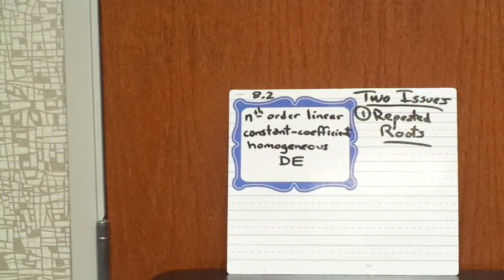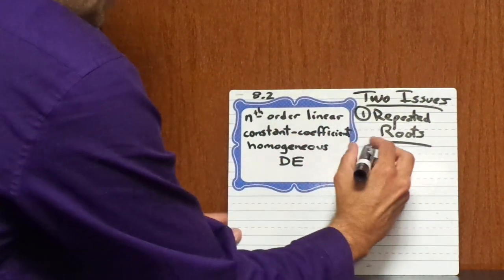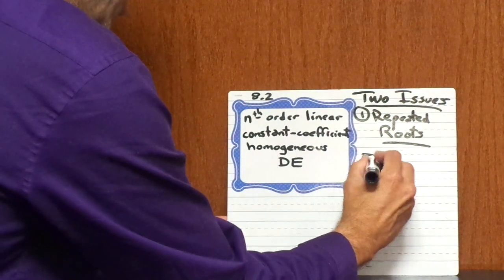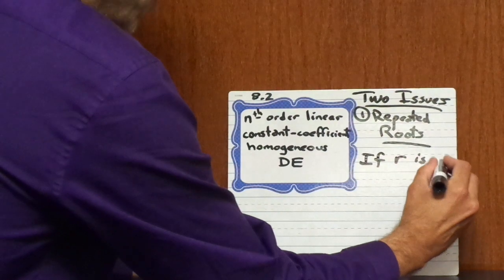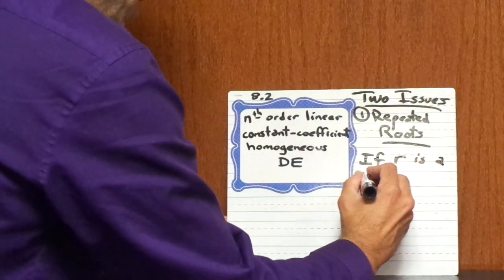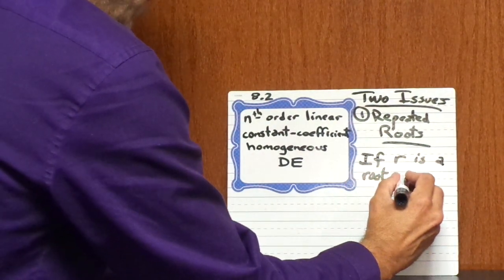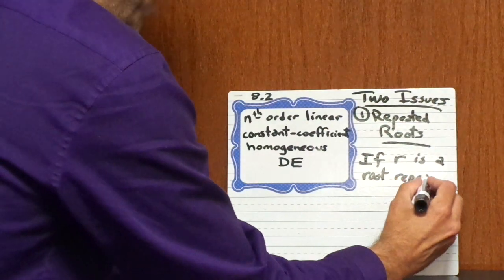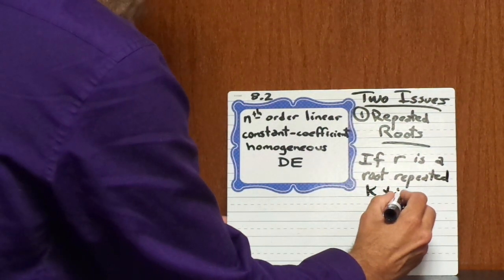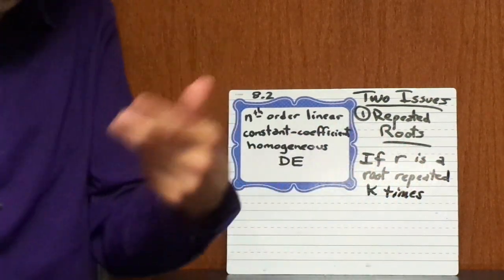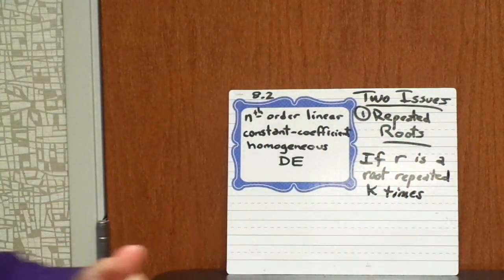Well, let's suppose, for example, that r is a root, and let's suppose that it is repeated k times. So we get the same root over and over again, several times.